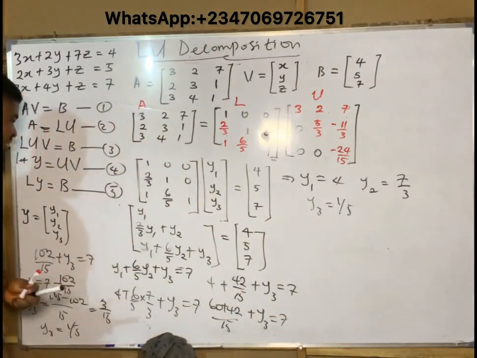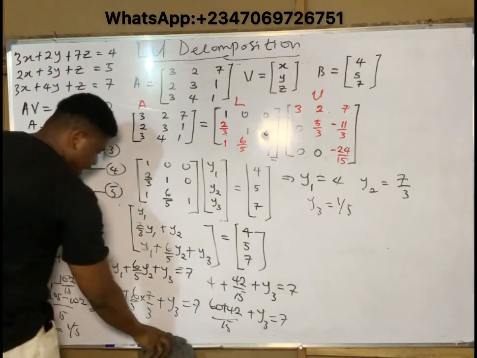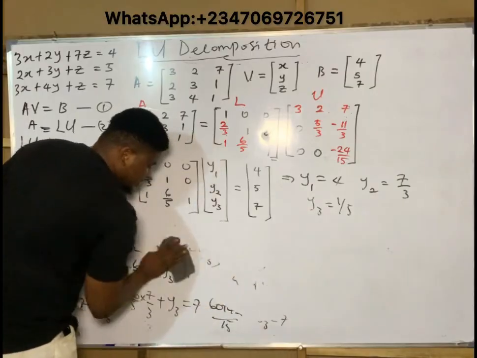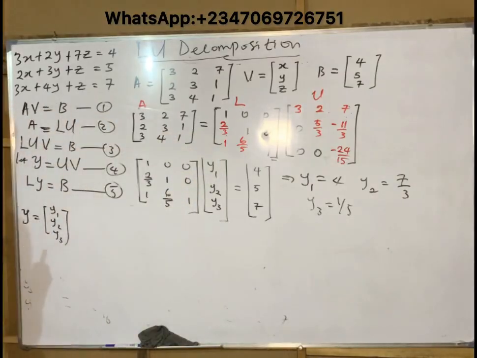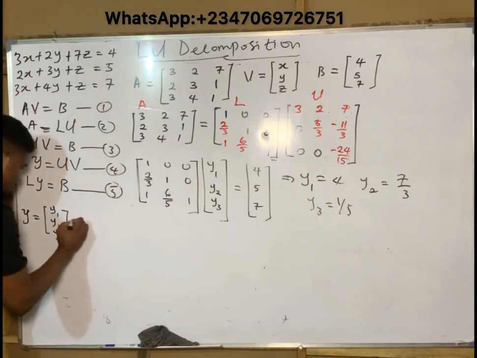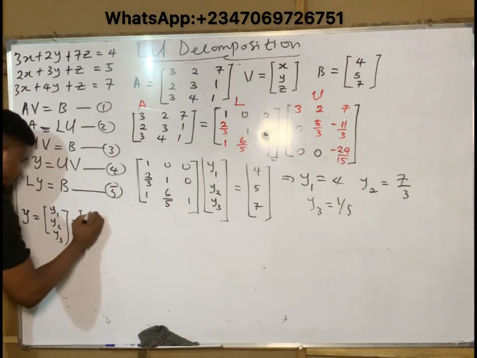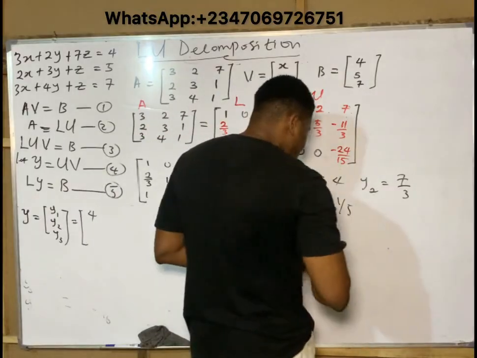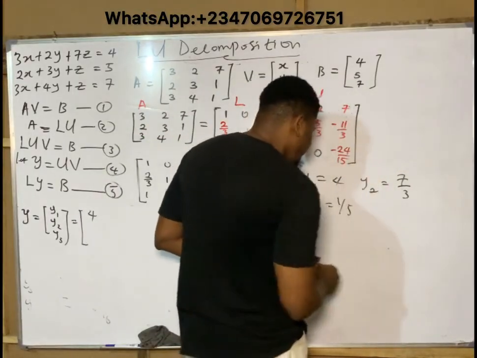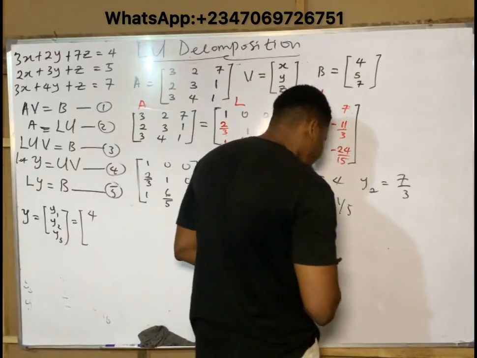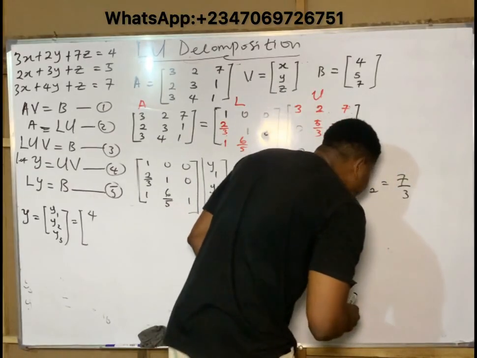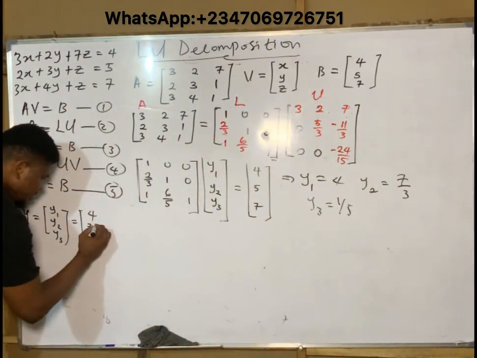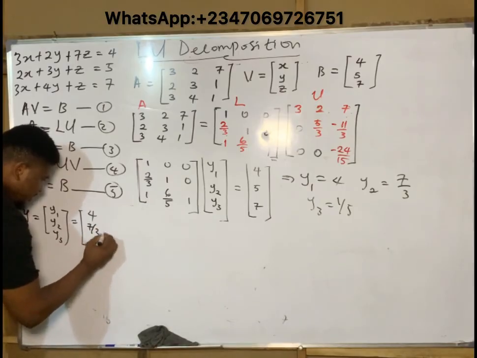Okay, so we've now been able to find the values of matrix Y. Having found matrix Y, this is going to be equal to y1 is 4, y2 is 7 over 3, and y3 is 1 over 5.